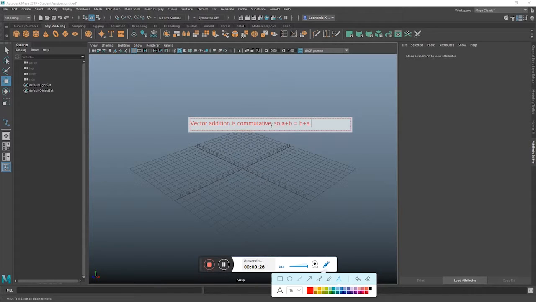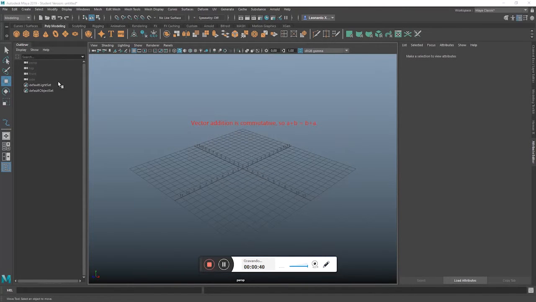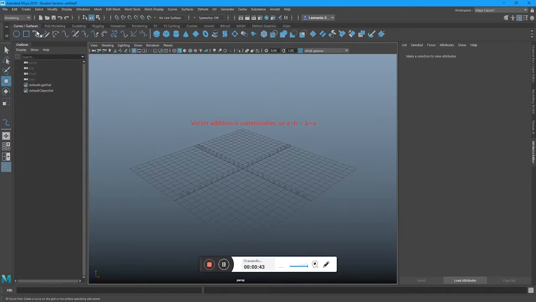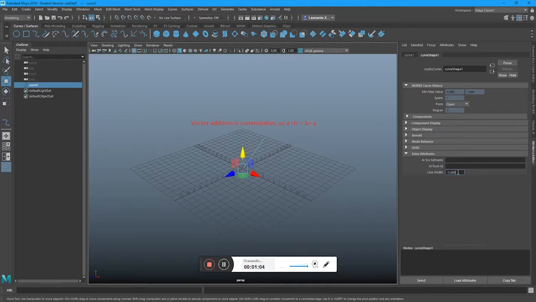So vector A plus vector B is equal to vector B plus vector A. Okay, so the first vector is going to be vector A. Let's put 3, it's better to visualize.